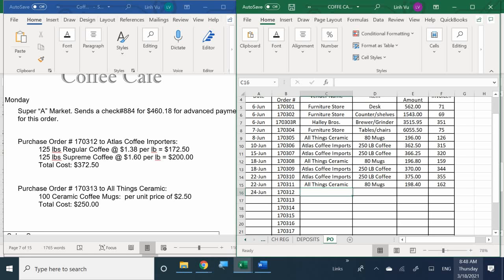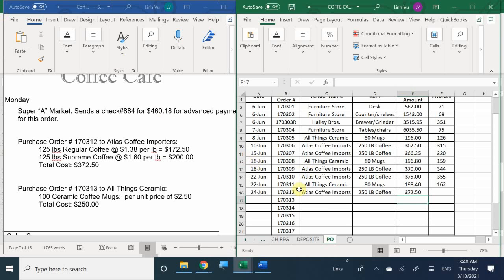Atlas Coffee. What did we buy? Another 250 pounds. For how much? $372.50.